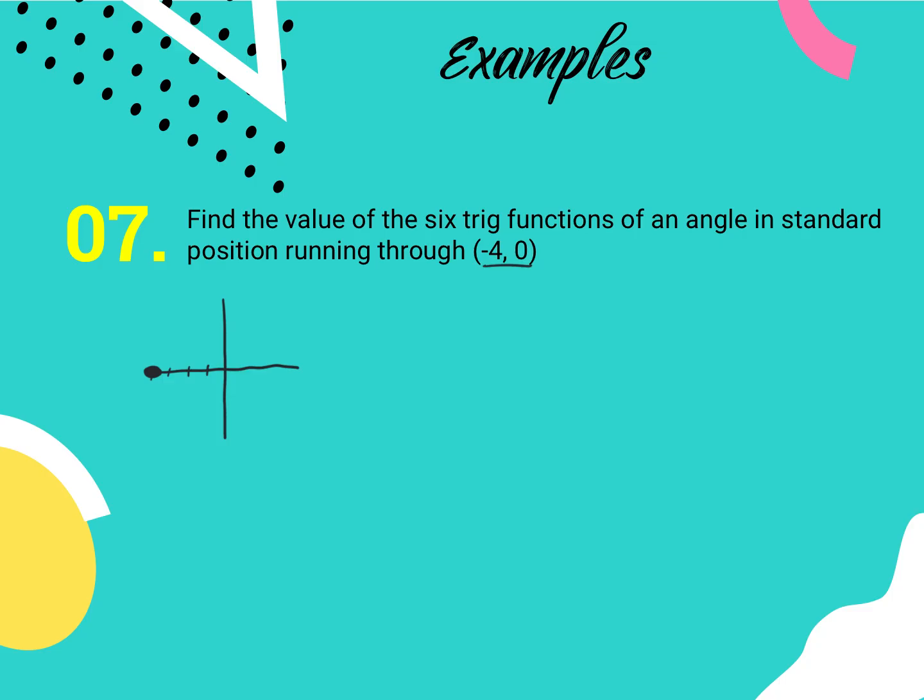So this is why it's super important for you guys to understand that x, y, and r relate to each other by the Pythagorean theorem. You still can use x squared plus y squared equals r squared. In this case x is -4, y is 0, and we don't know what r is, so let's solve for it.